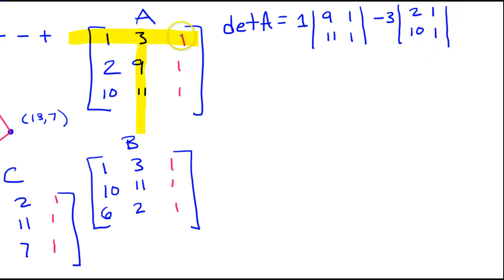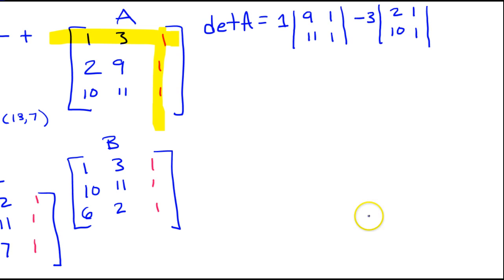And now the third and final cofactor is 1. According to the sign pattern, I keep this cofactor the same sign, and my minor determinant is 2, 9, 10, 11.